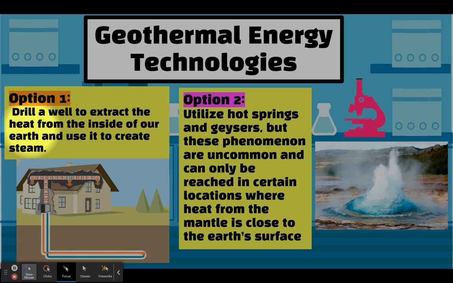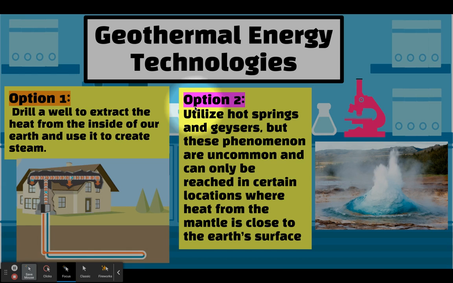And from the surface where that cold liquid is pumped down, it will be pumped down until it gets to a point where it's hot enough that it will be heated up. And the heat from the inside of the earth is used to create steam. So that liquid is heated up and creates a steam, and that steam can be used in different ways inside of a house.